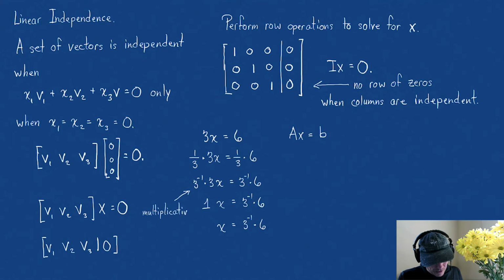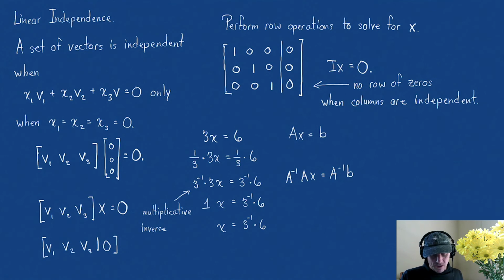We don't use that term a lot, but that's what it's called. So the multiplicative inverse of A is called A inverse, A to the negative 1. It's even a similar notation. Times A times x equals A inverse times b. That's the analog in matrices.